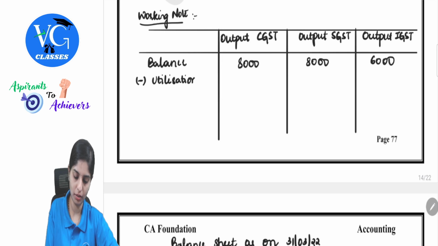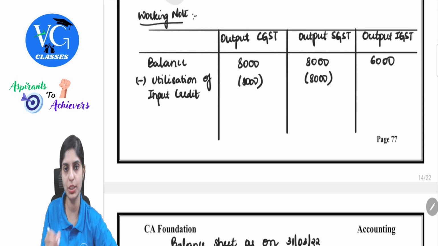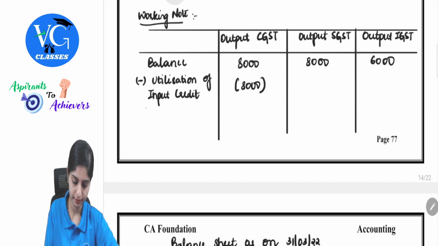Utilization of input credit: full 8,000 for CGST and full 8,000 for SGST, that is, the respective input CGST and input SGST. If not, we can just write it separately also so that you guys need not get confused.